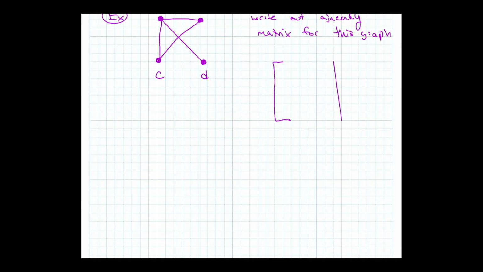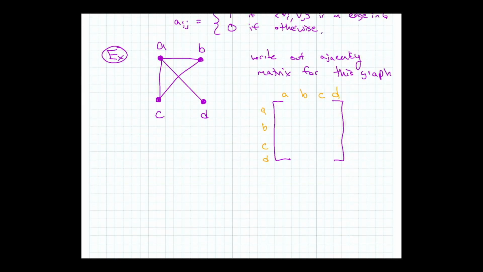Here's a reminder of what a matrix looks like. So we're going to have a matrix, and basically just go like this: A, B, C, D, A, B, C, D. And we're just going to fill out these spots based on whether there's an edge between the vertices.